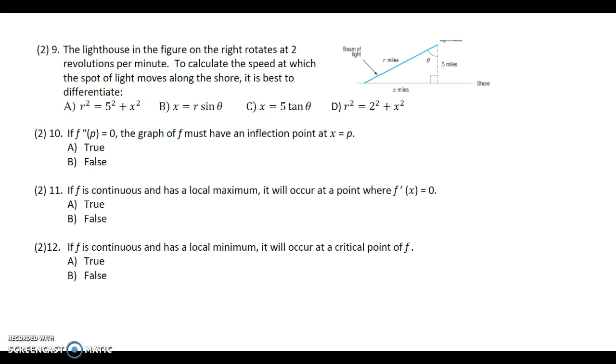Right, this lighthouse one was a little different, but what they're trying to do is they would need this amount x to calculate the speed, because when this thing moves around, that's actually the radius of the circle it's building. So it's best to differentiate which of these things is really x.